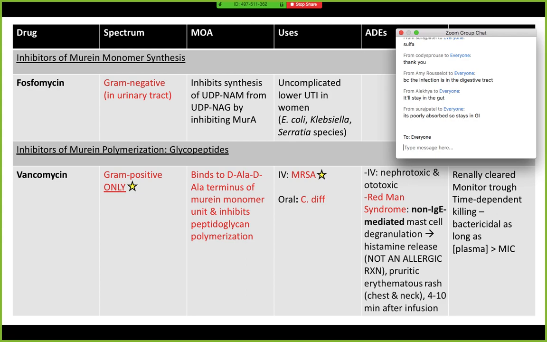She also talked about in lecture, there's one other drug that causes a mast cell degranulation. You guys remember what that is? Think about something that people commonly get by IV and they get itchy. So the example she gave was morphine.